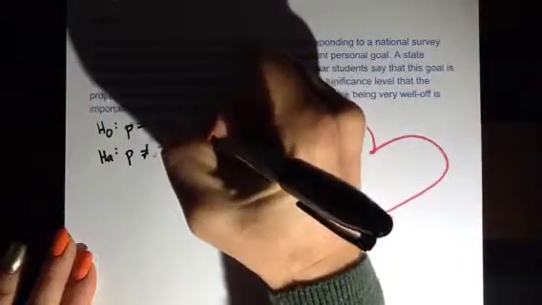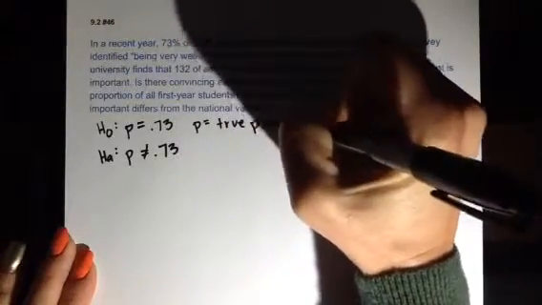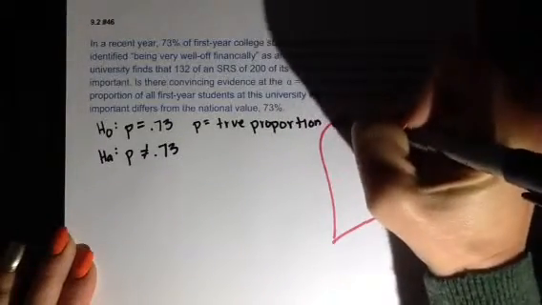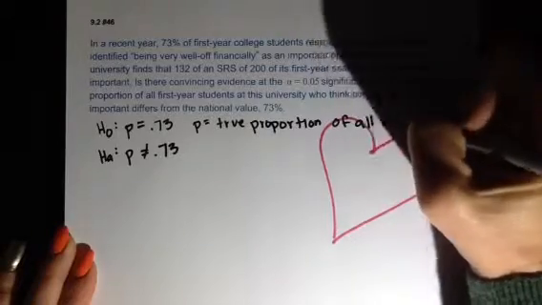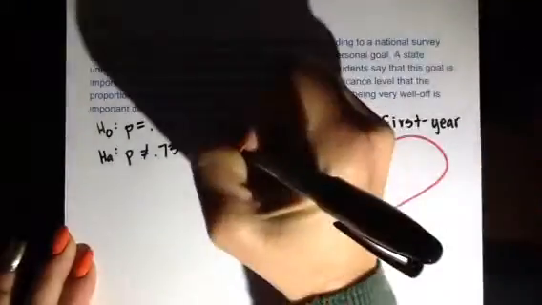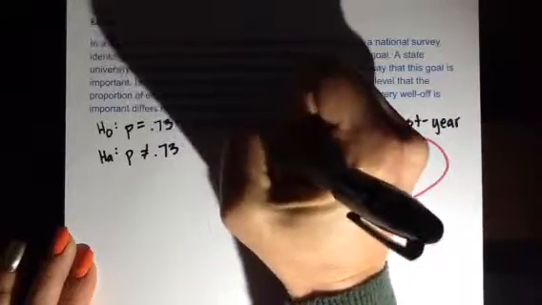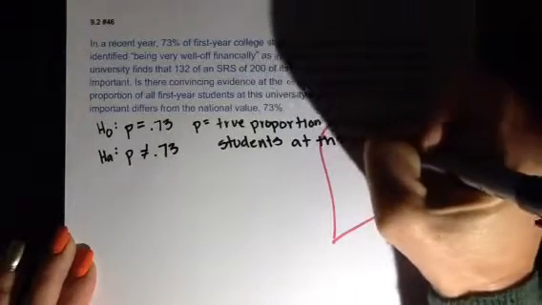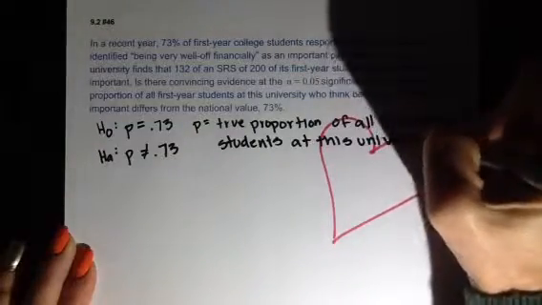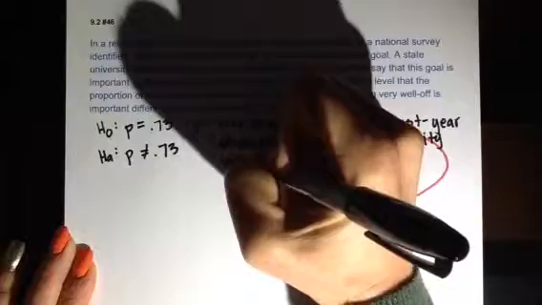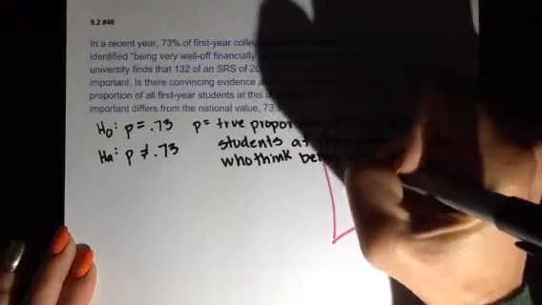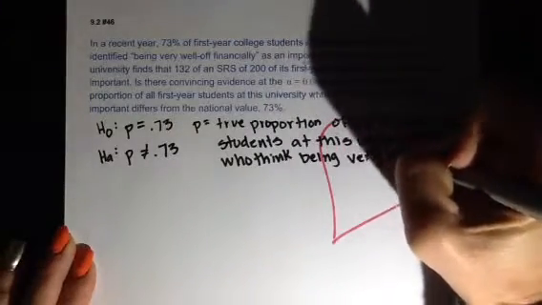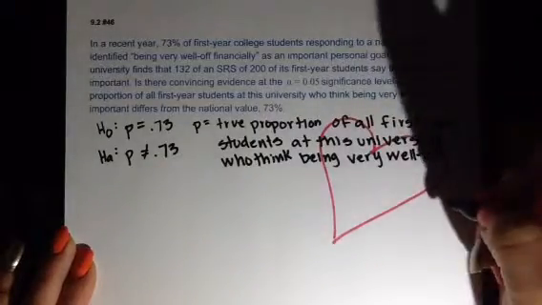Again, we're going to define our parameter. P is equal to the true proportion of all first-year students at this university who think being very well off is important.